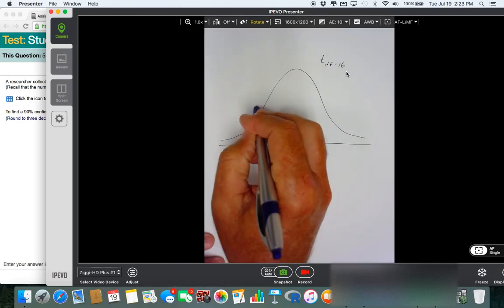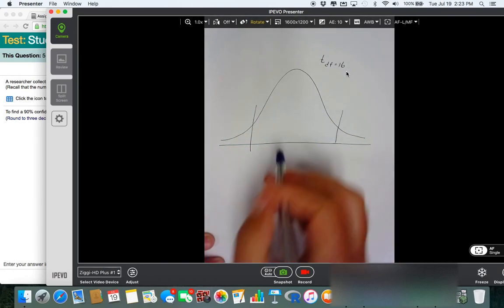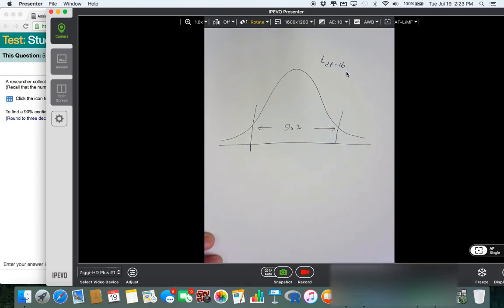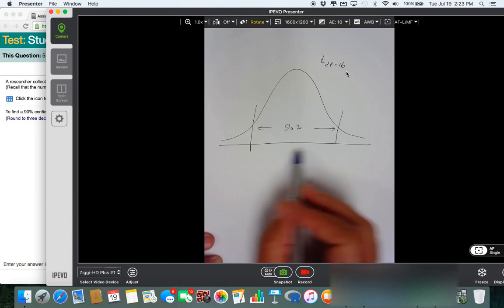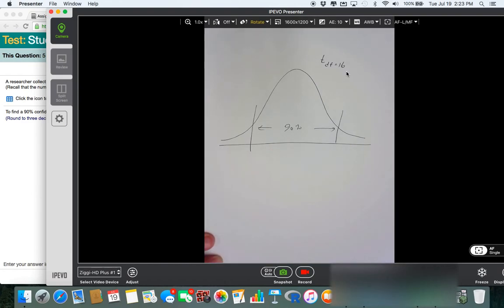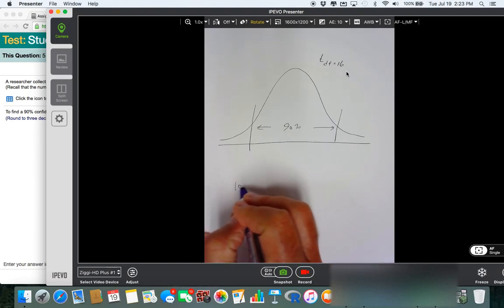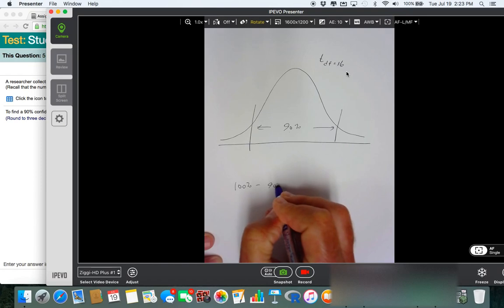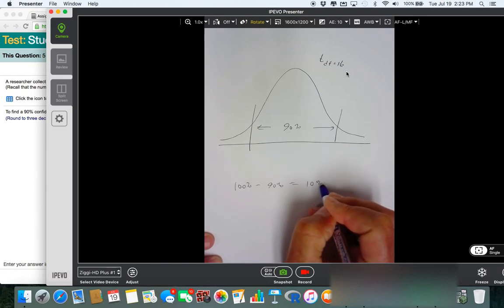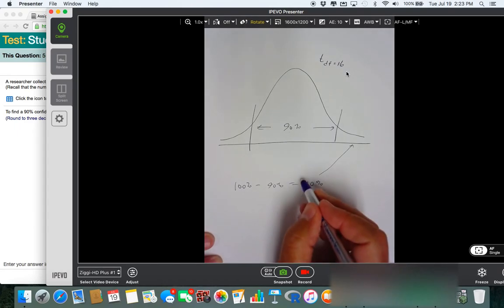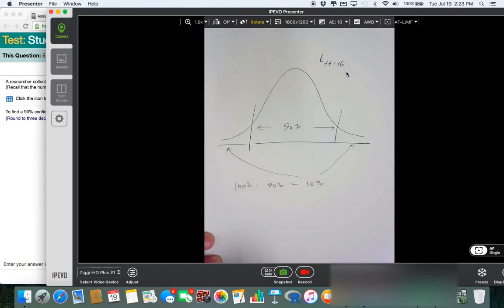Now what we do is we draw two lines. Whatever confidence level we want, that's the percentage of scores between those two marks that we're searching for. Next step is think 100 minus 90. How much are we missing? Missing 10%, right? Half of that 10% has to go there, and half of that 10% has to go right there.